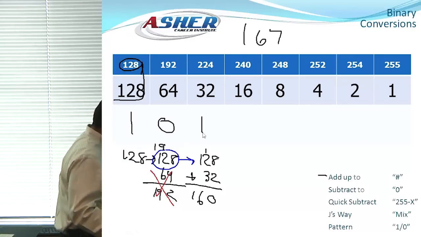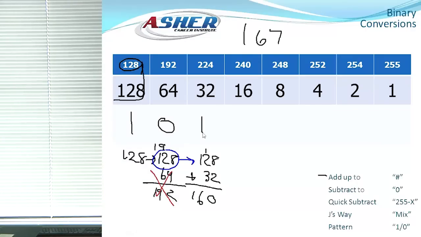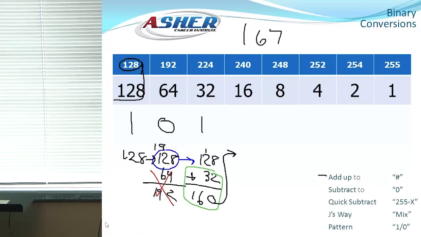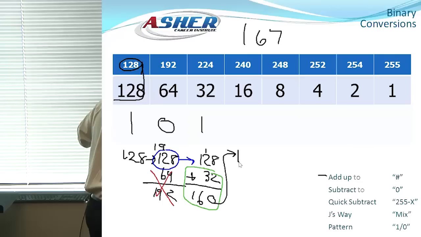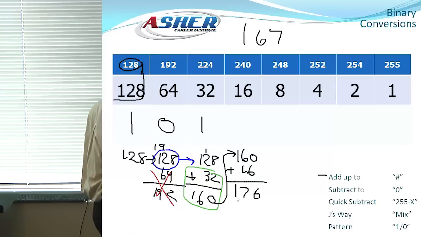All right, so then what's the next step? Kim? 128 plus... No, we just... 160, I'm sorry. That's right. So we can take this 160. Okay. Plus 16. What are we going to get? Are we over?